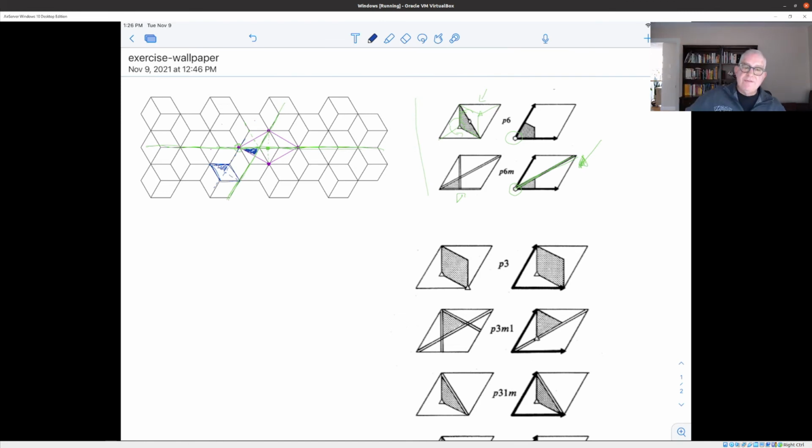So you could view this whole picture as being made by taking this little 30, 60, 90 triangle where I guess only one of the sides actually has a line and the other two sides are open, and reflecting that around. Namely, you have three axes to reflect it by. You can reflect it if I draw the triangle like this.